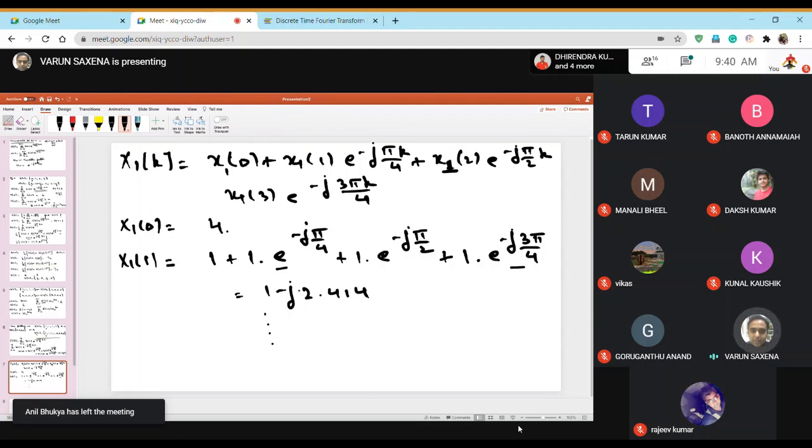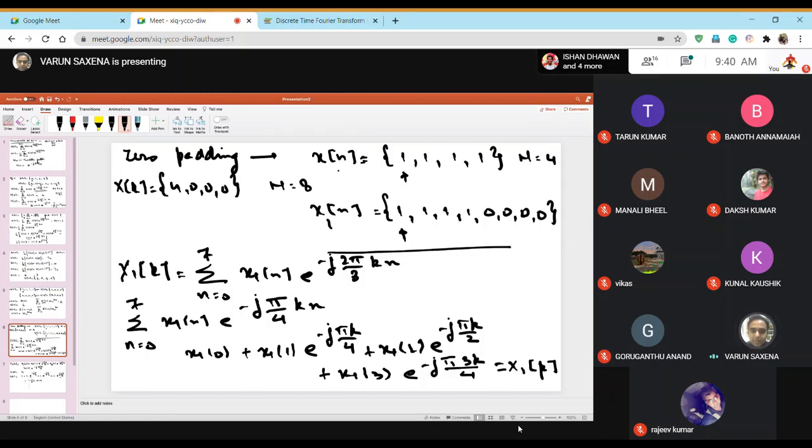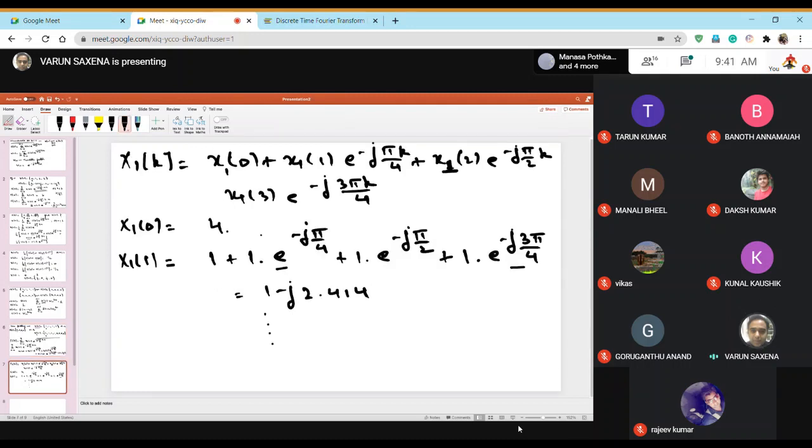So basically what I want to say is that if you remember, the DFT of x[n] had 4 in the beginning and all other things were 0. So here also in the beginning you get a 4, but then all other values are different, and they are all complex values.